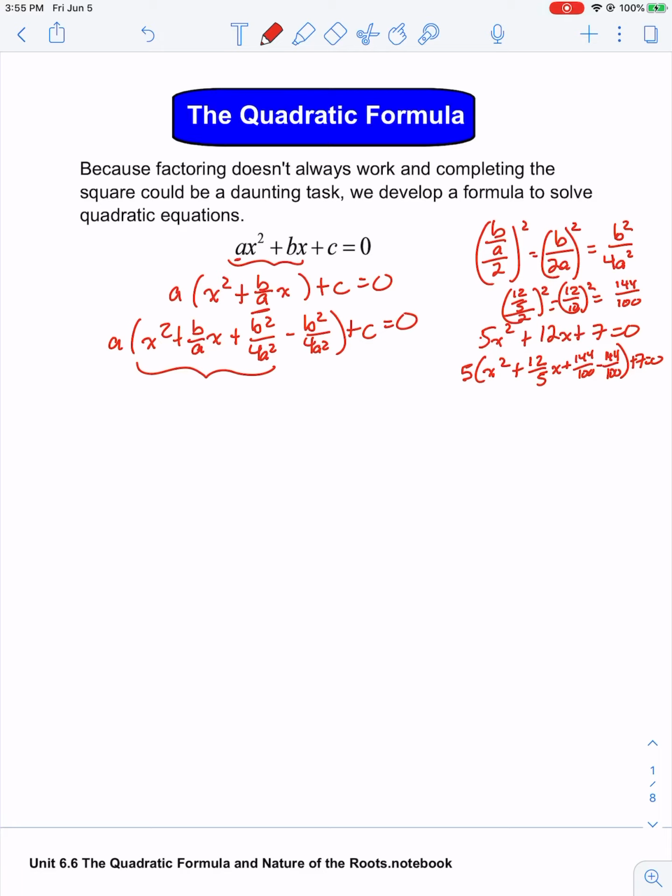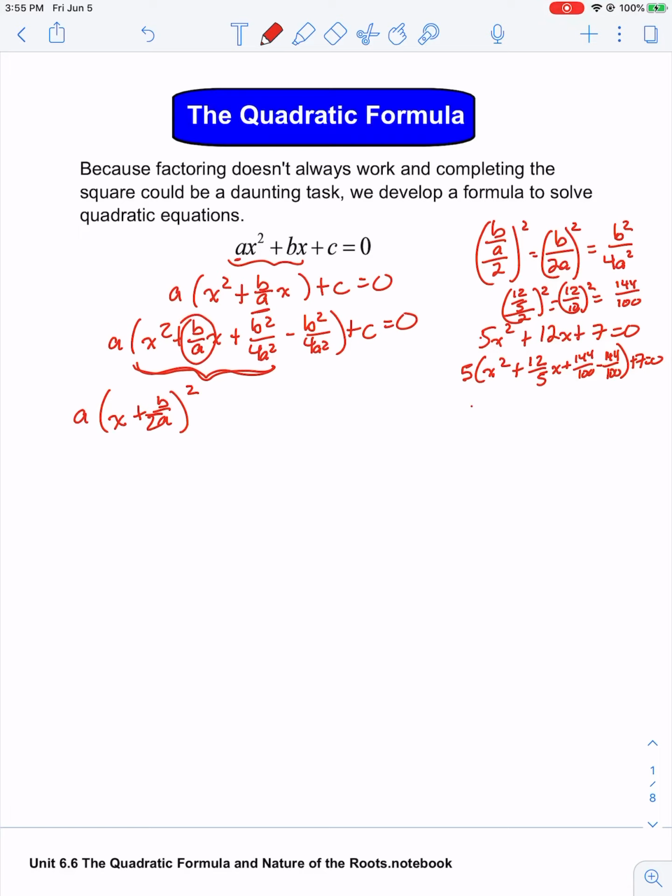So back here, these three terms are a binomial squared, and that binomial would be x plus b over 2a. It's always half of this term here.